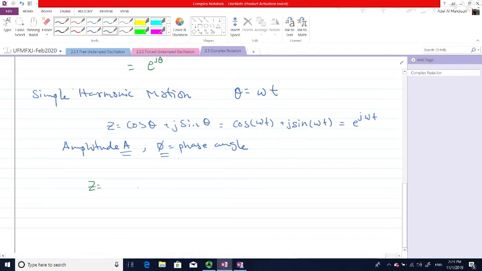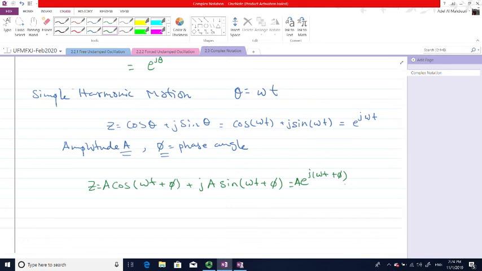Therefore, finally, z is cosine omega t plus phase angle, don't forget to multiply by the amplitude, then we add j multiplied by the amplitude, sine omega t plus the phase angle, and that will be A e to the power j omega t plus phi.